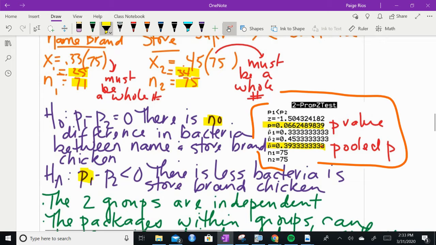So the store brand is this one right here. If that's safer, I should find less bacteria in it, which means that P2 is going to be a higher number. If I subtract a higher number from that P1, I'm going to get a number less than 0. So there's less bacteria in the store brand chicken will be my alternative hypothesis.